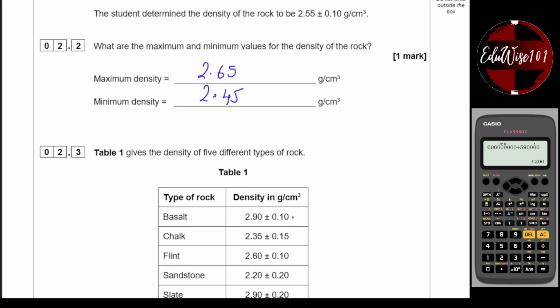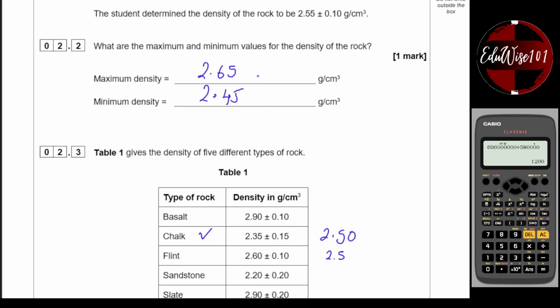Now chalk, if I add 2.35 plus 0.15, that will give me 2.50, which falls in that range. So it could be chalk. Flint, 2.6. If I take away 0.1 from that, that will be 2.5 as well.